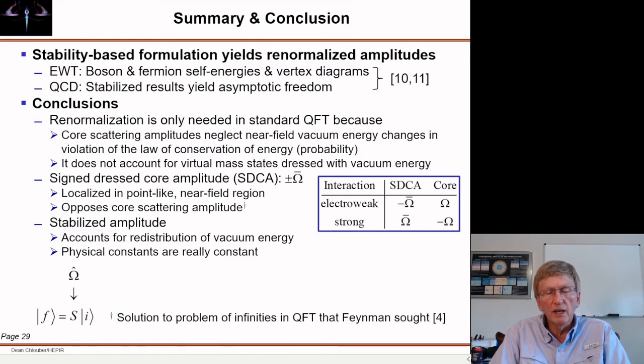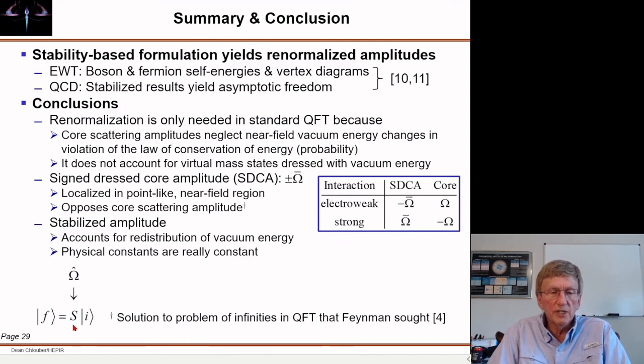And it does not account for virtual mass states that are dressed with vacuum energy. The signed dressed core amplitude is localized in a point-like near-field region, and it opposes the core scattering amplitude, as indicated in this table.